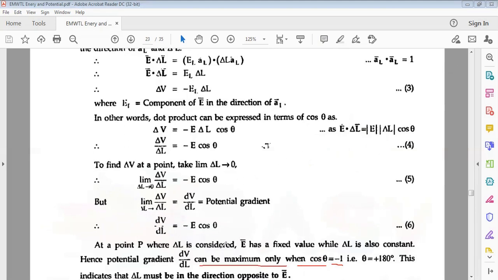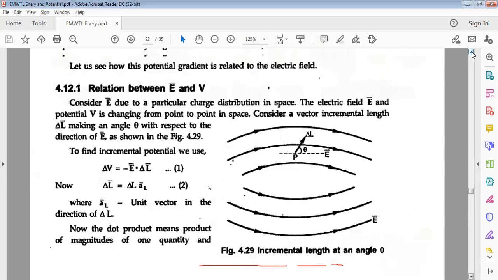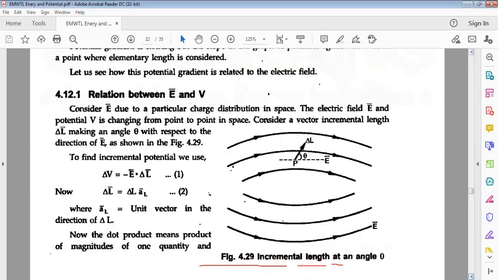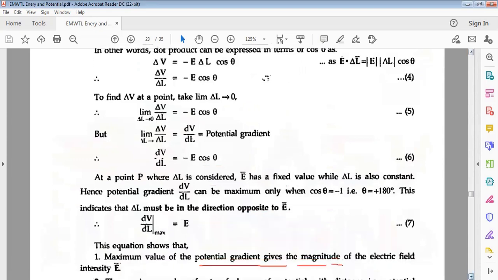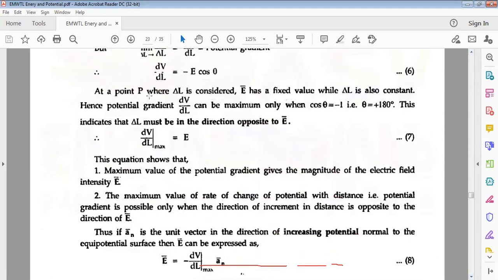At point P, wherever you can find the potential gradient, where delta L is considered, E bar has a fixed value and delta L is also a constant. Hence the potential gradient dV by dL can be maximum only when cos theta is equal to minus 1, meaning theta is 180 degrees. This indicates that delta L must be in the direction opposite to E bar.